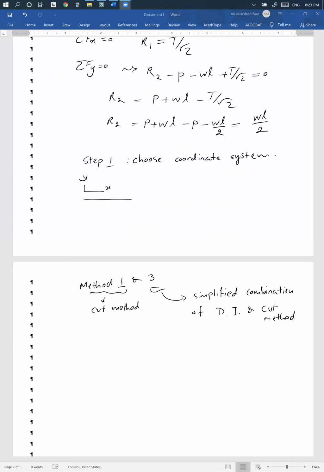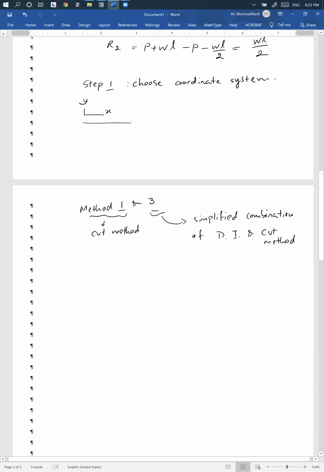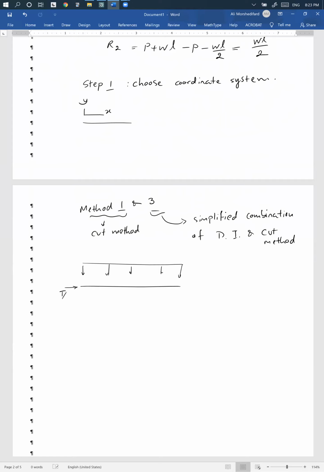Okay, let's do it. I repeat the figure. I'm going to use the cut method now. I have a distributed load. Now I have R1 and R2. R1 turned out to be T over square root of 2. R2 was WL/2. This one was P plus WL/2.